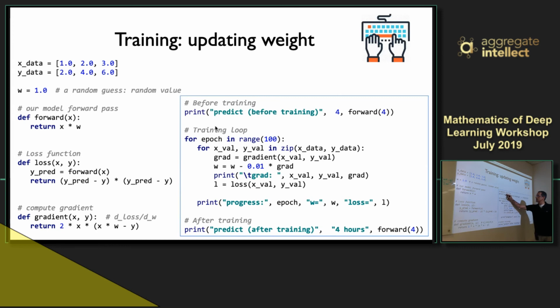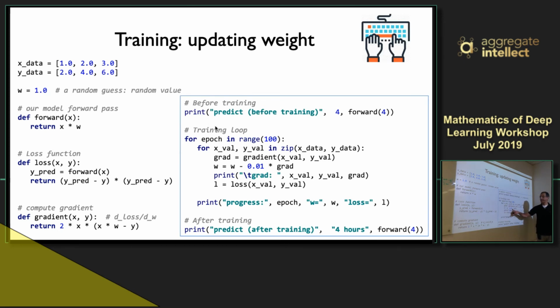And then we start training. We will take 100 steps. And for every step, we pick the x value, and then we compute the gradient of the loss function at that value of x.